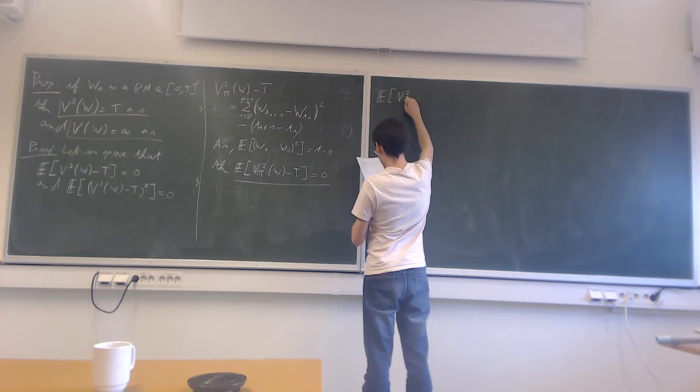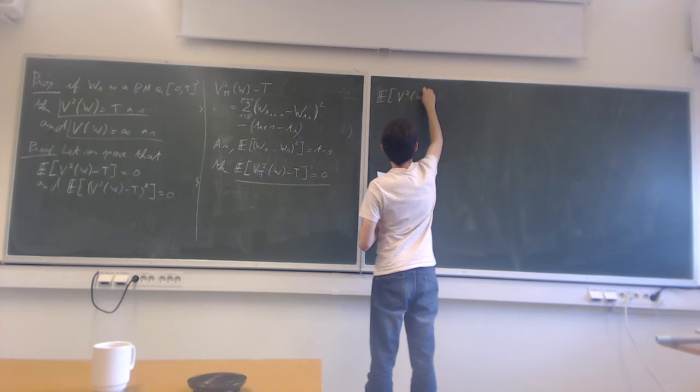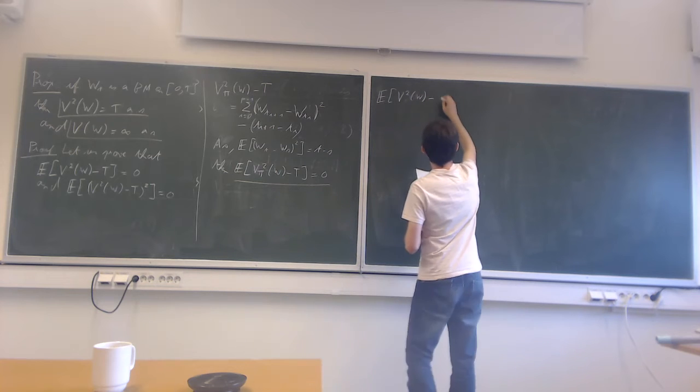Now we have the expectation of (V2 minus T) squared.